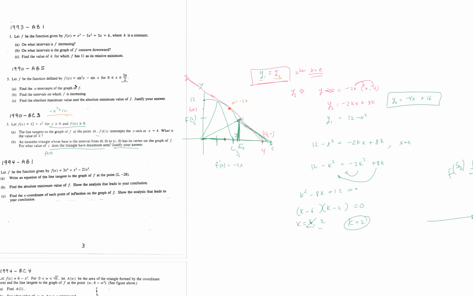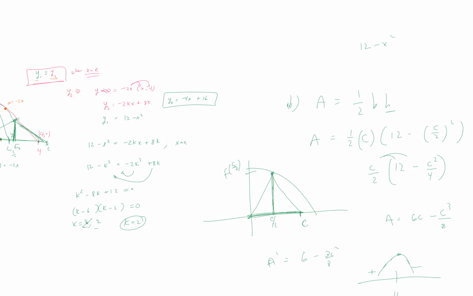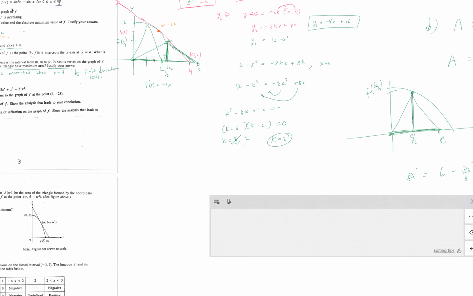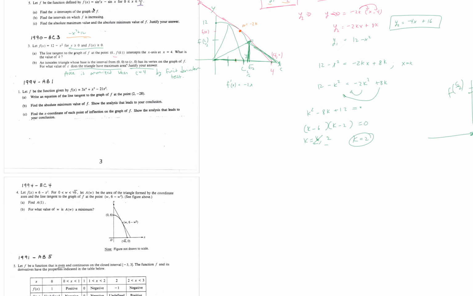The area is maximized when c equals 4 by the first derivative test, I guess. Usually you have to say it goes from increasing to decreasing. Whatever. I think that's good enough. I'm just going to say it like that for now.